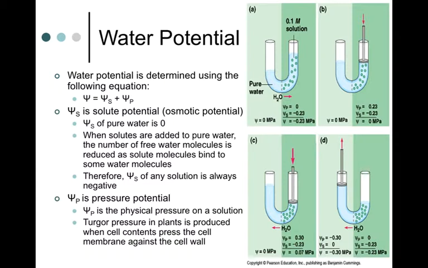All water potentials are addressed as negative unless it's completely pure water, which has a water potential of 0. The more solutes, the more dissolved ions you have within the solution, the more negative it is, and effectively the water will move from an area that's less negative to a more negative water potential.